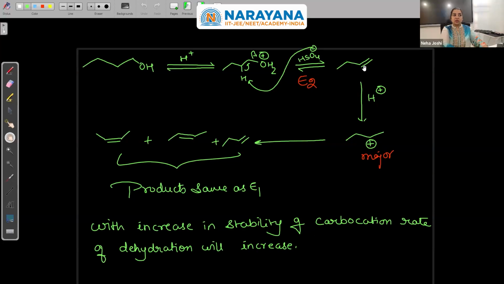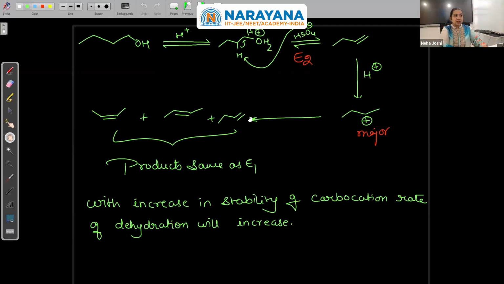Now, once this forms a carbocation, in the competition between 1 degree and 2 degree, 2 degree will form as the major. And we get what we were assuming, how a 1 degree carbocation shifts to 2 degree. It is not a shifting, it is E2 followed by addition. Products are same as E1.